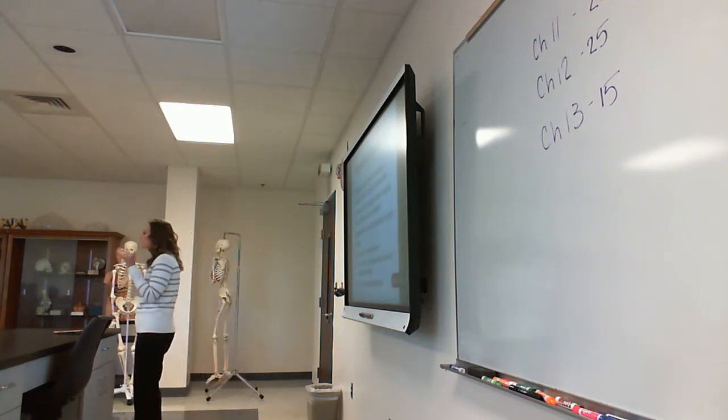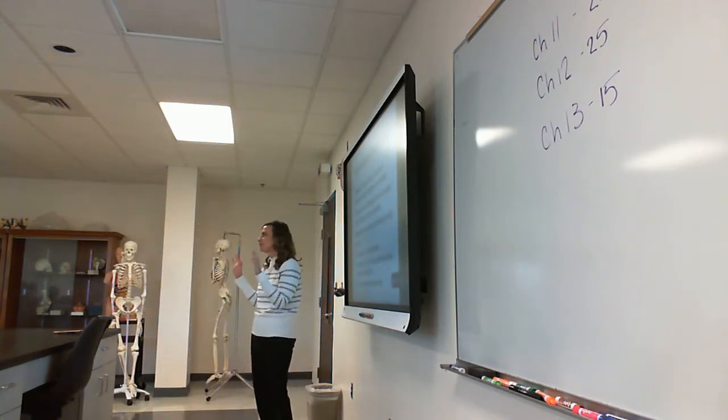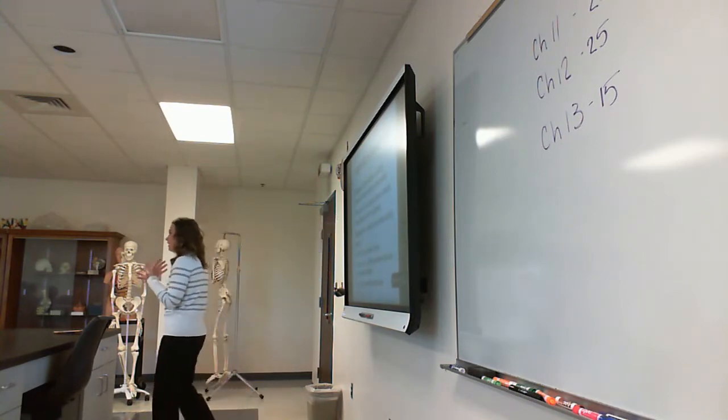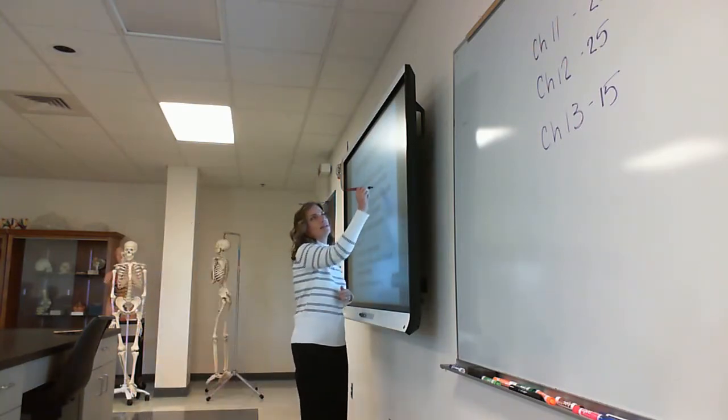Now, our nerves can regenerate, but damage to nervous tissue is always really serious. Because remember, mature neurons are amitotic, which means they can't divide. They can't go through mitosis. That prefix a means not.